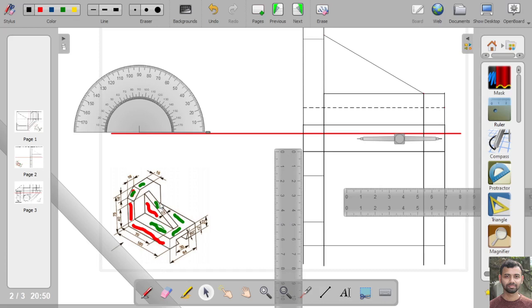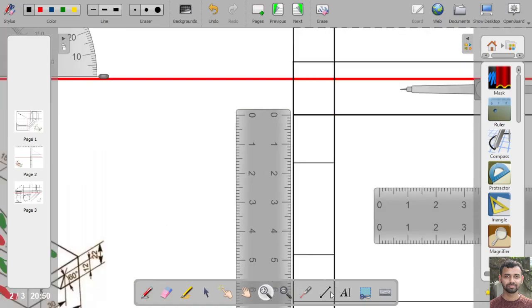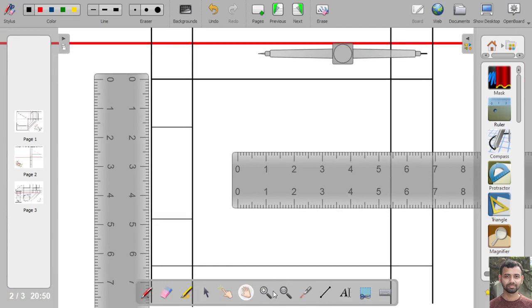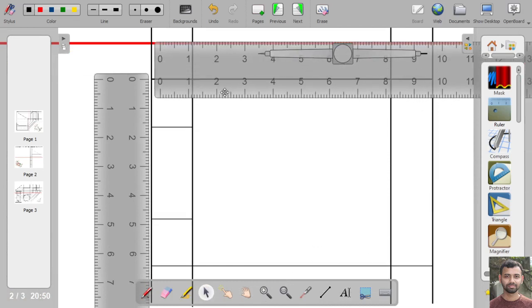That means the midpoint will be at a distance of 64 by 2, so it will be at a distance of 32. So from this top edge we will find out 32 mm. So this is 32, this is 32.